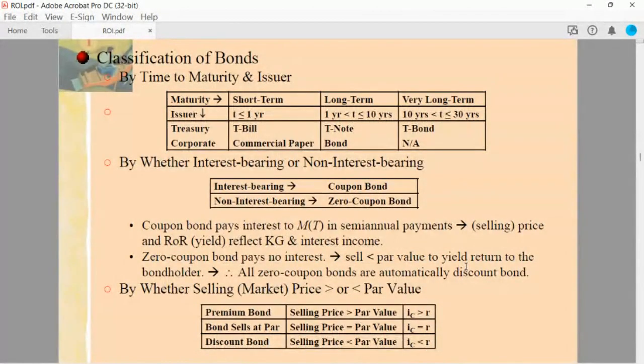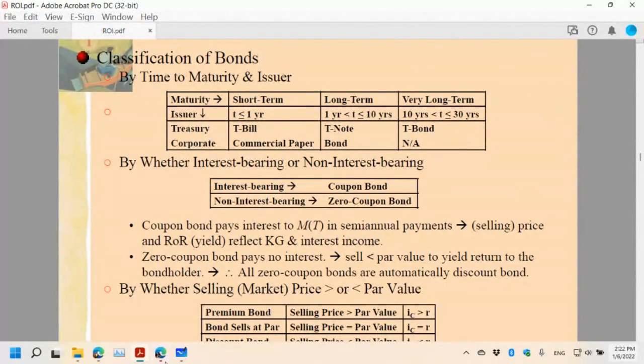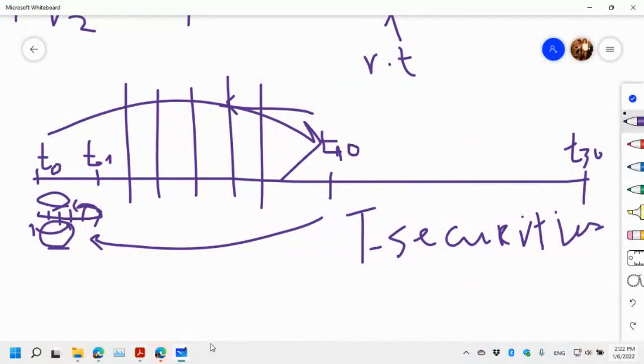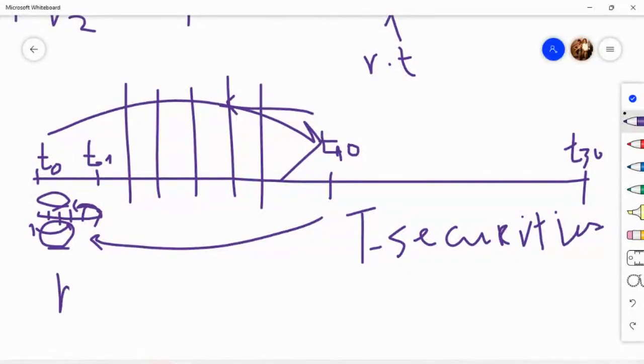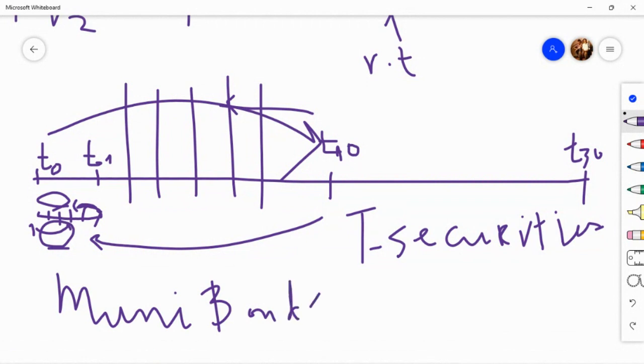Corporate bond. Depending on the maturity and the issuer, there are Treasury securities and corporate bonds. There's also one that I didn't put there, the municipal bond, also called muni bond, issued by municipal governments, like the New York City government or the New York State government, right?